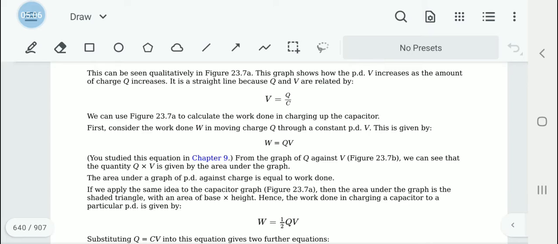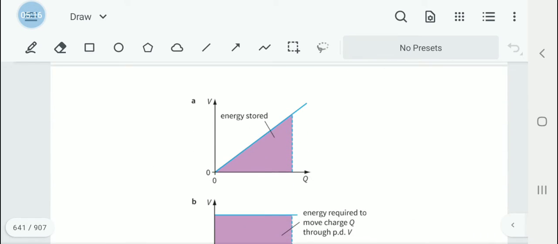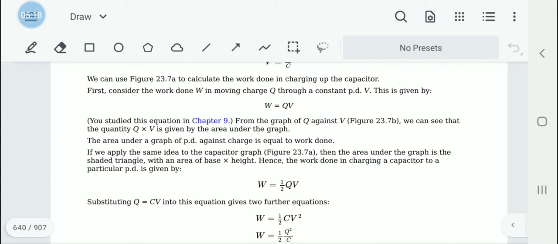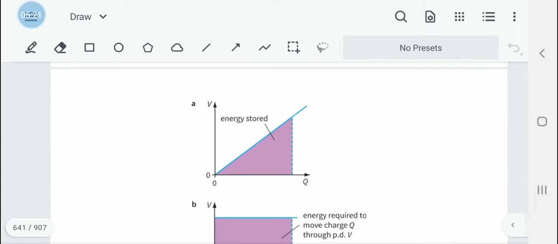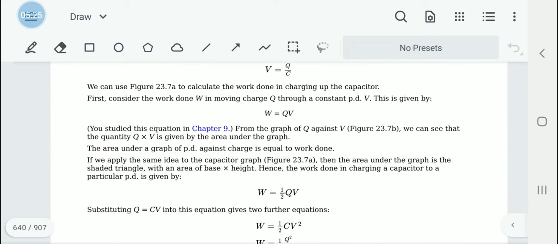The QV is given by the area under the graph, but because here the shaded region is a triangle, it is half Q into V. Then the work done in charging a capacitor to a particular PD is given by W equals half QV, right?